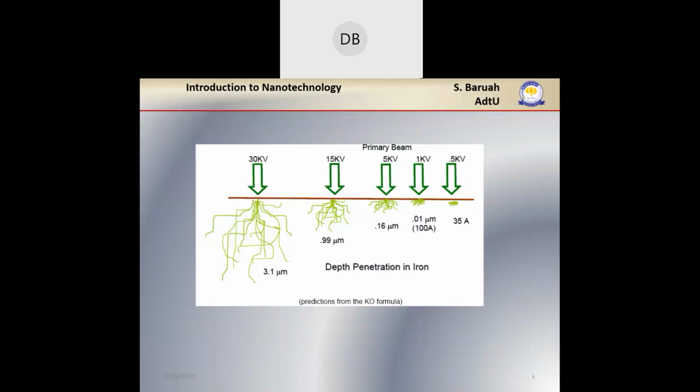Now I said this will look like a teardrop, something like this, where more than 95% of the electrons will be there. Now some electrons will be thrown out like this, in a slanted direction.